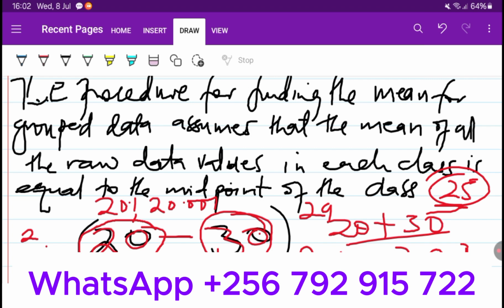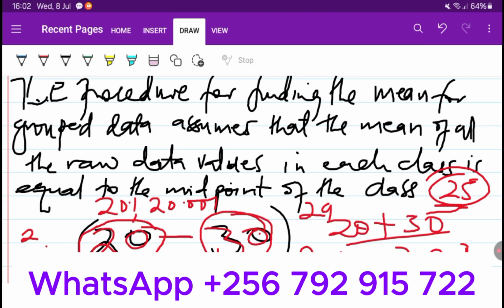So you need to know how to deal with values when they are in classes. It is very important, because we may have data that is spread across different groups, and it's impossible to determine the exact mean when the values are spread. So what we compute is an approximation to the mean.